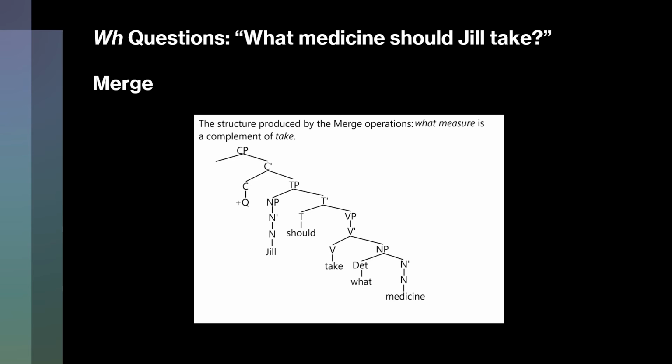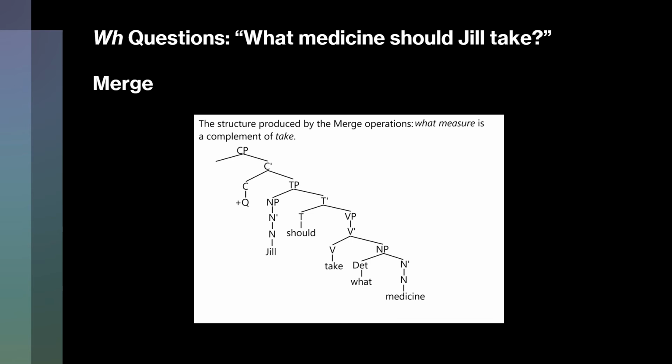More complex are WH questions because they involve two things. So remember, we're always going to start with that merge structure. What is the deep structure, the underlying structure of the question? Well, what we do is we change the sentence.